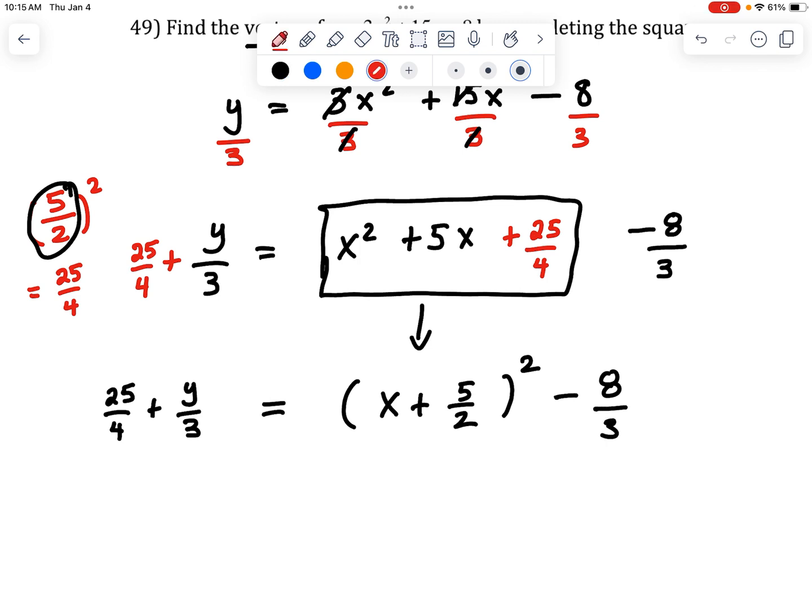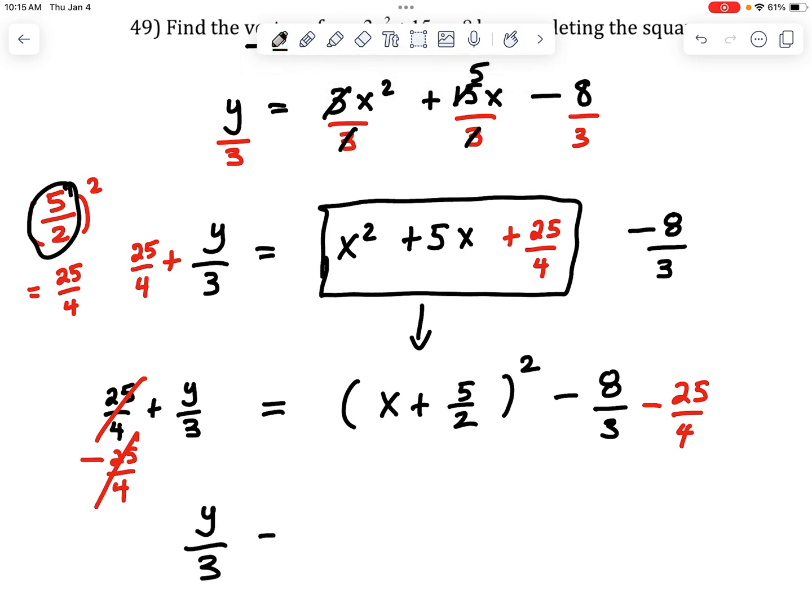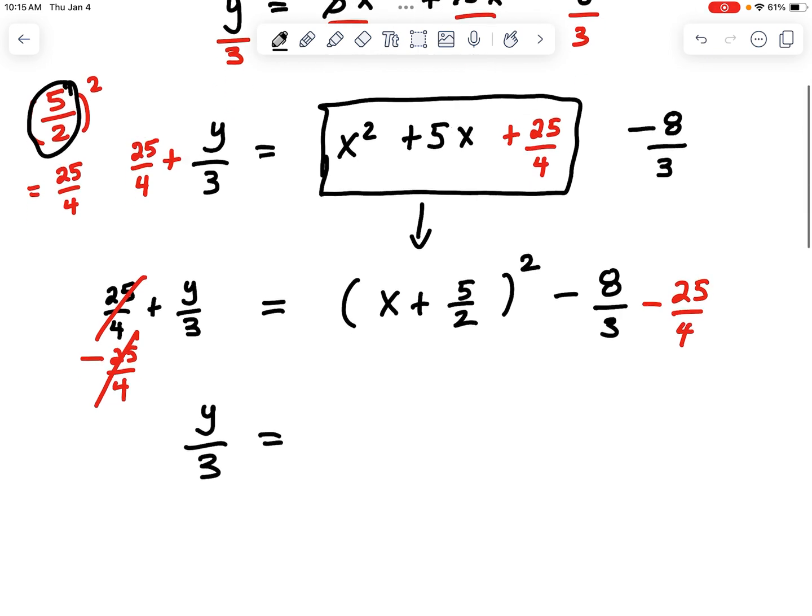So for one thing, I could subtract 25 fourths from both sides. These are going to cancel. So the left side is just going to have y over 3. And then leave the factored part alone. And then all we need to do is see how much is negative 8/3 minus 25 fourths.